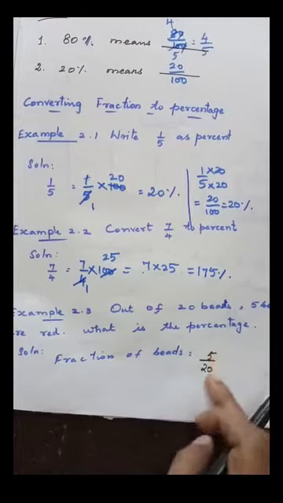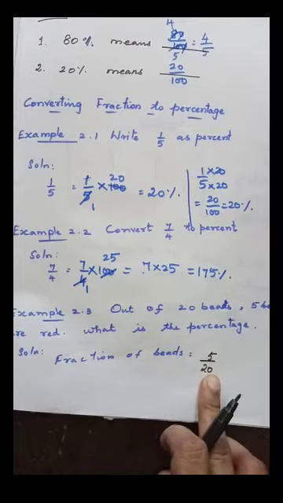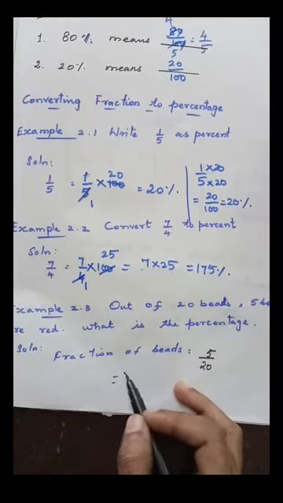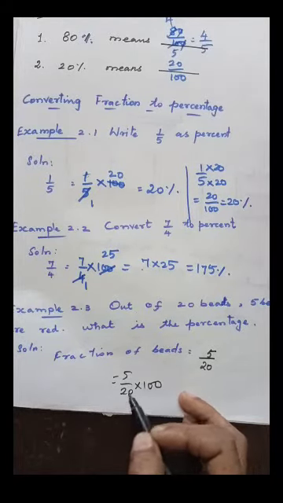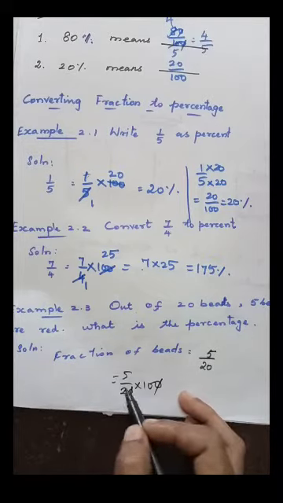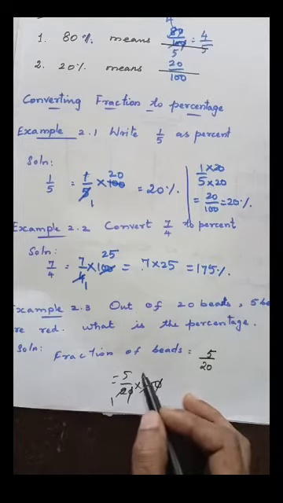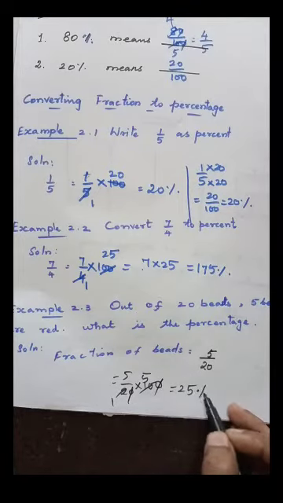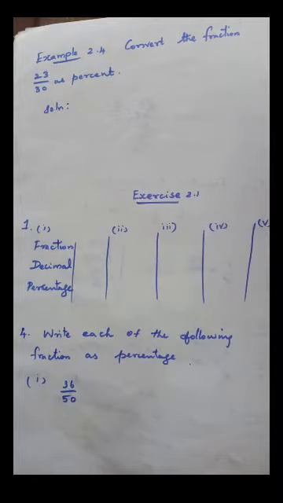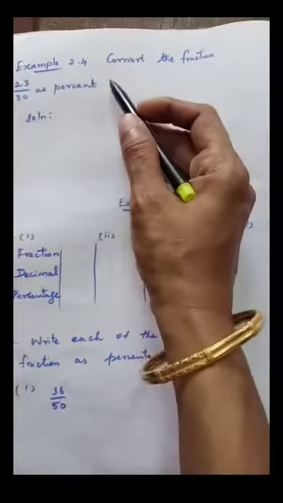So you have to say the percentage of red beads. So 5 by 20 into 100. Then you can cancel the zeros. 2 1s are 2, 5 2s are 10. So 5 5s are 25. So it is 25%.